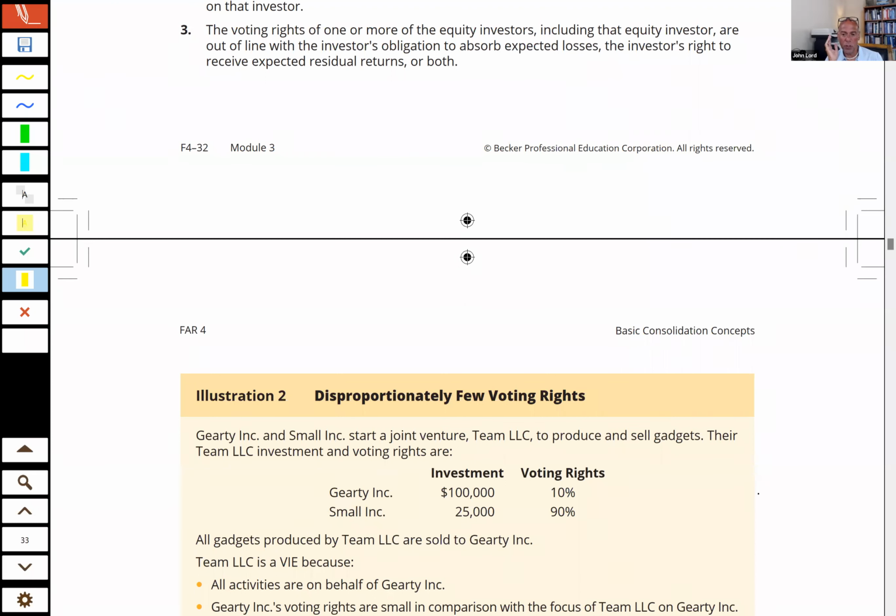But if the question doesn't start talking about the write-up of any assets, then it becomes fairly straightforward. What you pay, what you got. The difference between the fair value of the assets and what you paid is the goodwill.